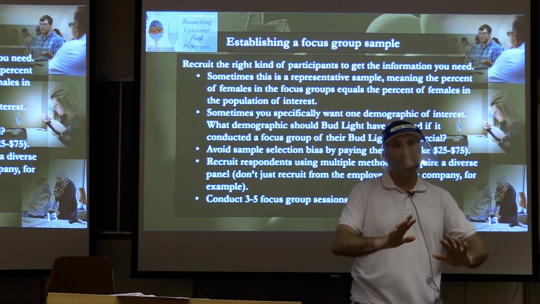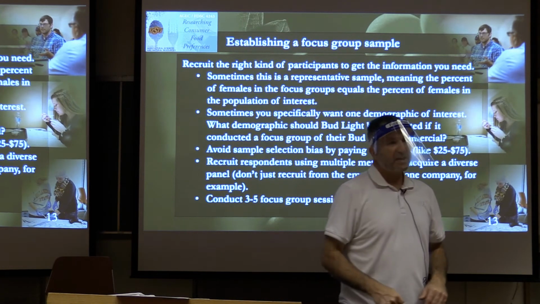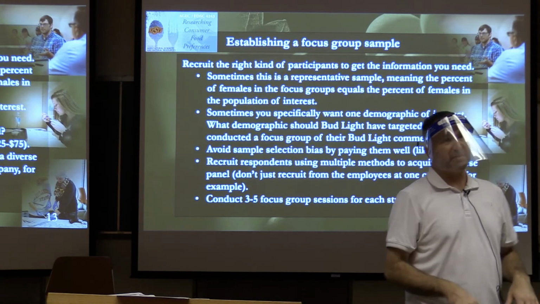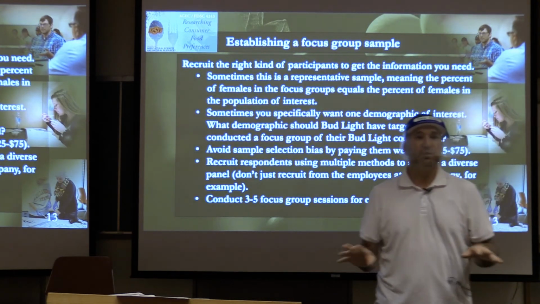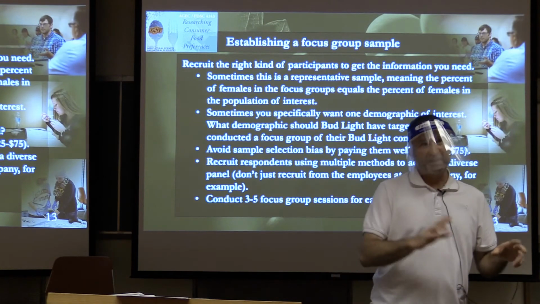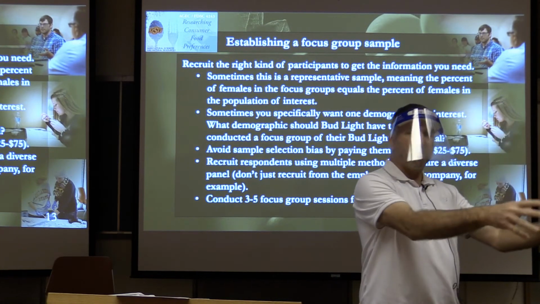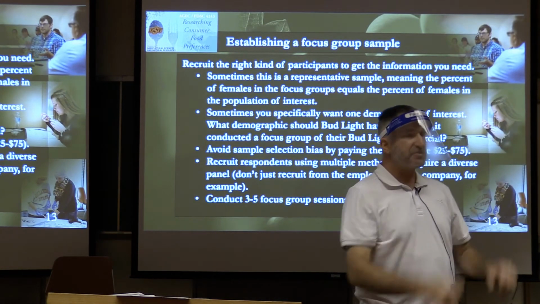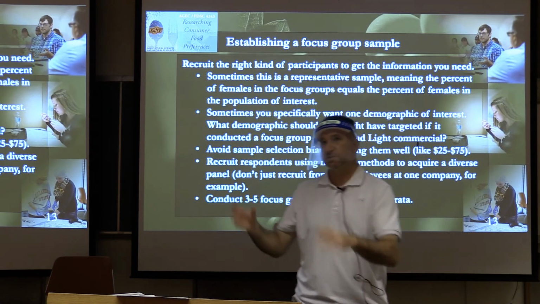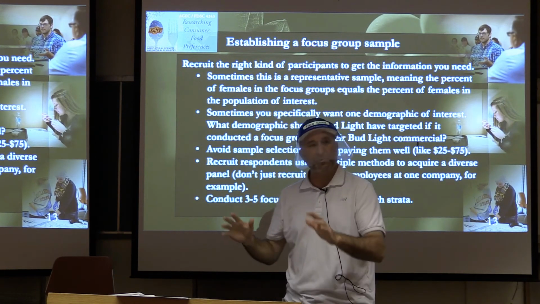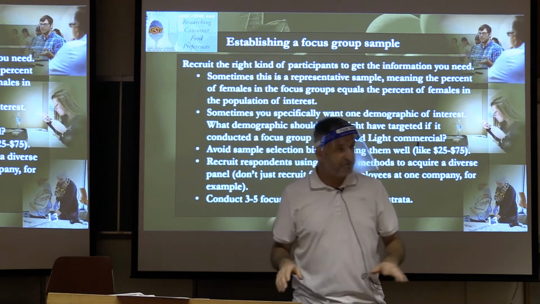So he wants to do a representative sample and a sample of Whole Foods people. Then as a general rule, he'd want to do 3 to 5 focus groups of Whole Foods shoppers, and then 3 to 5 focus groups of regular shoppers.